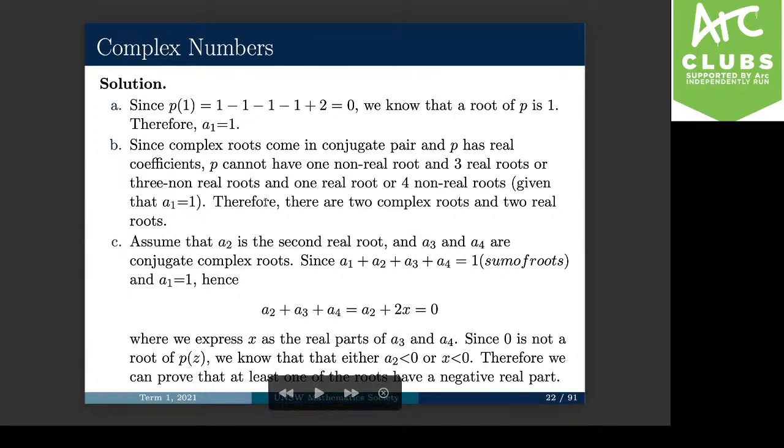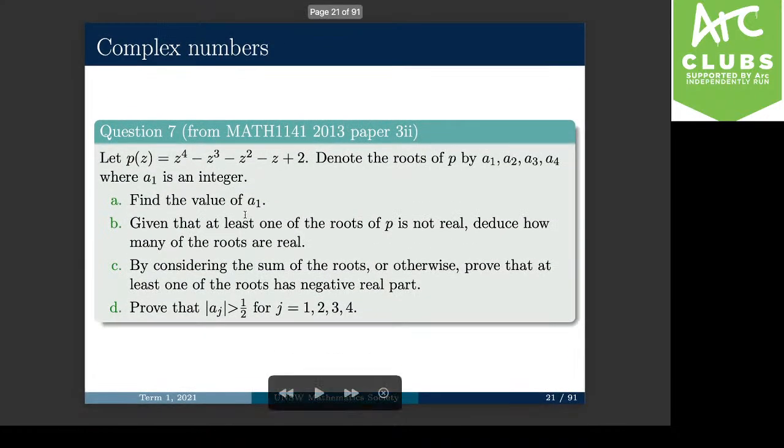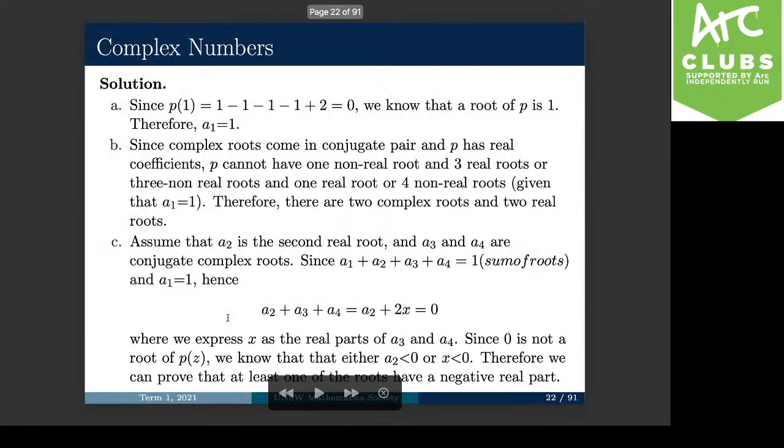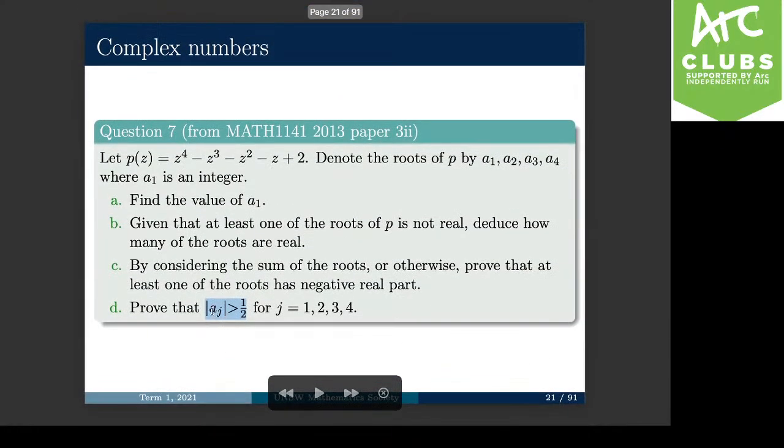And then moving on to the last part, which is, I would say, the hardest part. Prove that the absolute value of aj is greater than a half for j equals 1, 2, 3, 4. What I would do is prove by contradiction. So we first suppose that the absolute value of aj is actually smaller than or equal to a half.